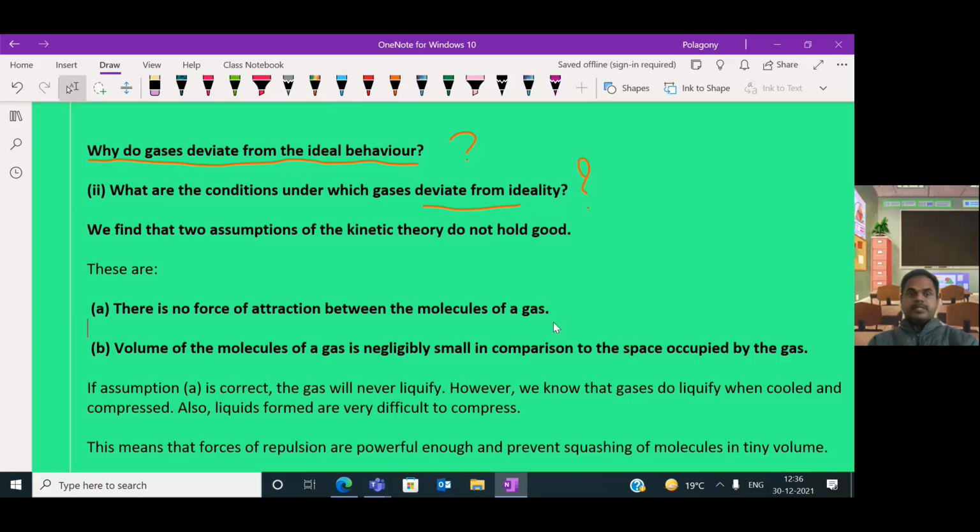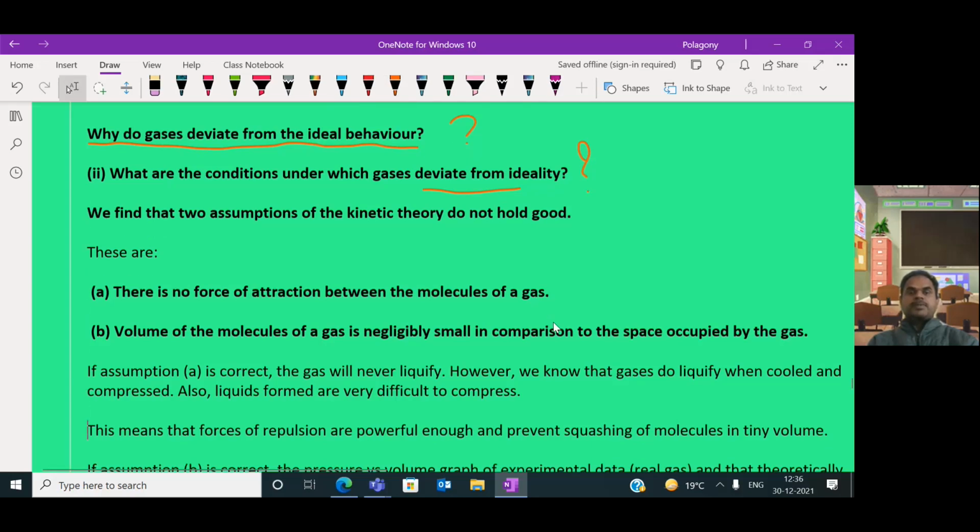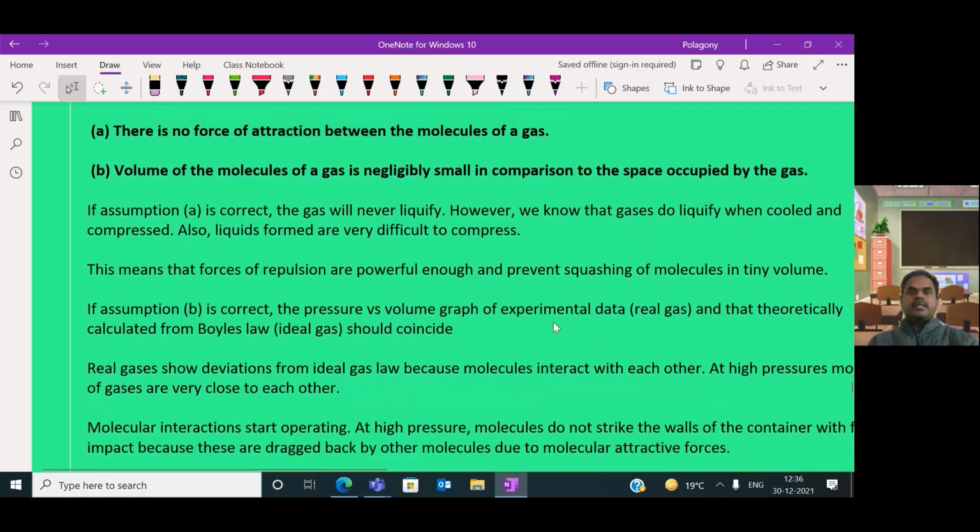This was one of the assumptions. As per the kinetic molecular theory of gases, there is no force of attraction between the molecules of a gas. The second point, the volume of the molecules of a gas is negligibly small in comparison to the space occupied by the gas.